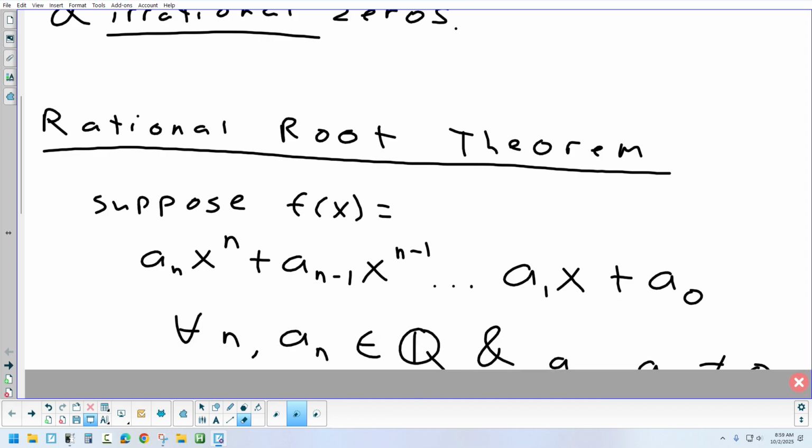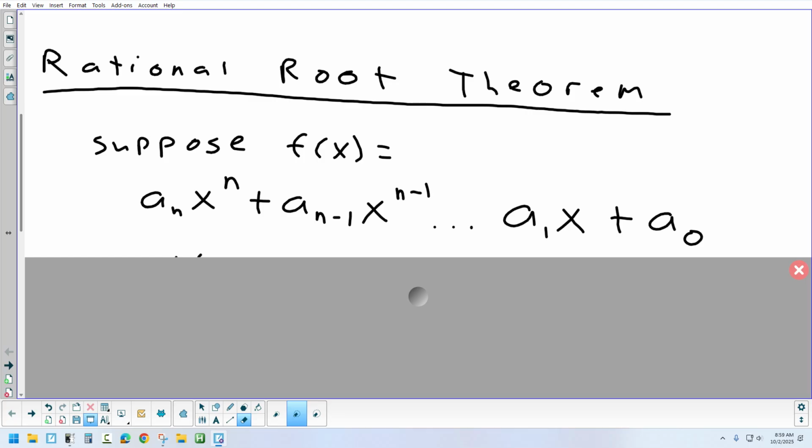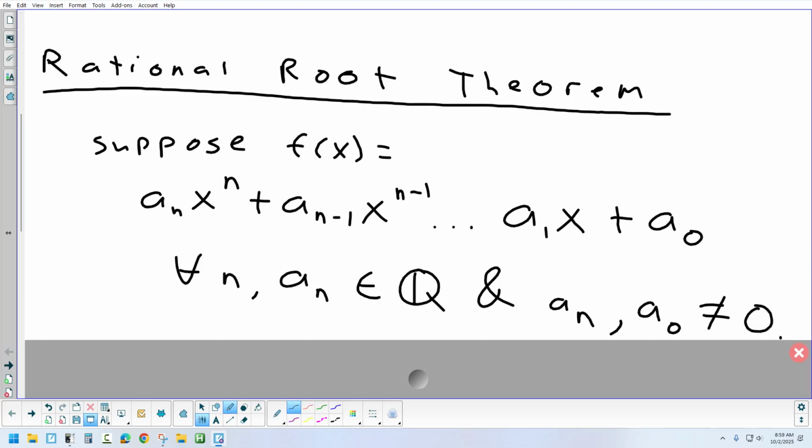All right, so let's take a look at this. So that's a polynomial. I'm just going to translate this notation.